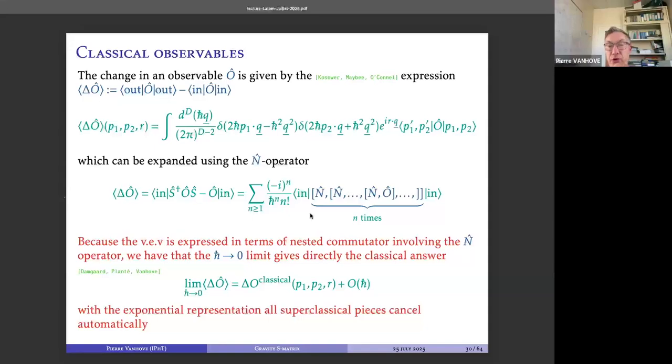I just want to make another point: if you use the T operator instead of the N operator, you will have the problem that at each order you will have these 1 over h bar powers that you need to cancel. They do cancel, but it's complicated to show they cancel. This thing gives it to you.